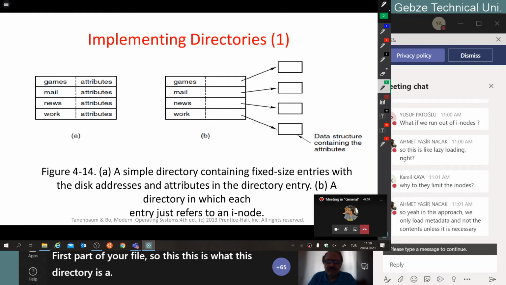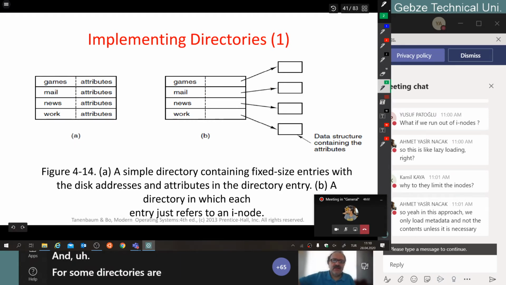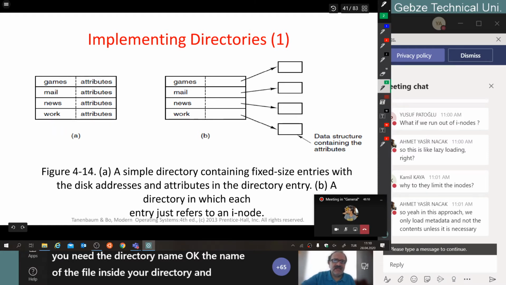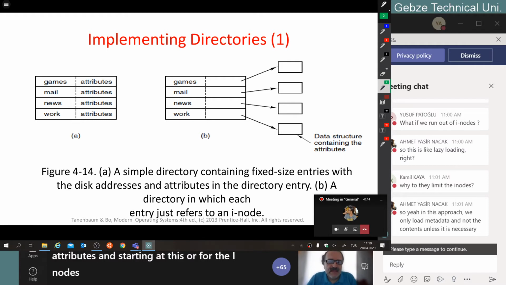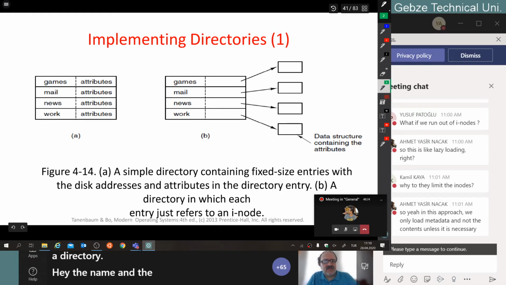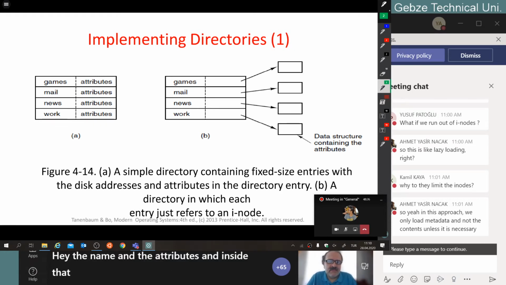Some directories are organized this way: you need the name of the file inside your directory, the attributes, and the starting address. Or for the inodes and other block-based directories, the name and the attributes, and inside the attributes you have the starting block number.